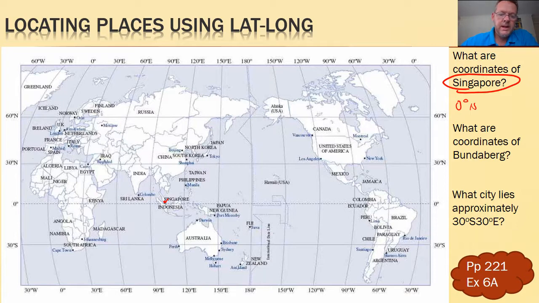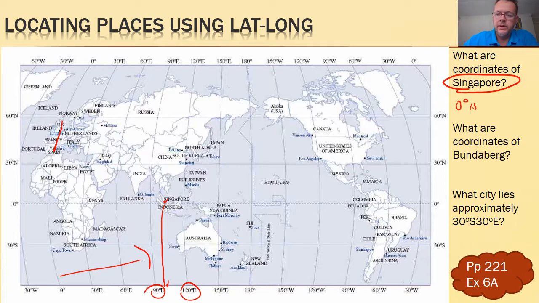So therefore we now need to estimate how far east of London Singapore is. So we know it lies closer to 90 degrees east than it does to 120 degrees east.